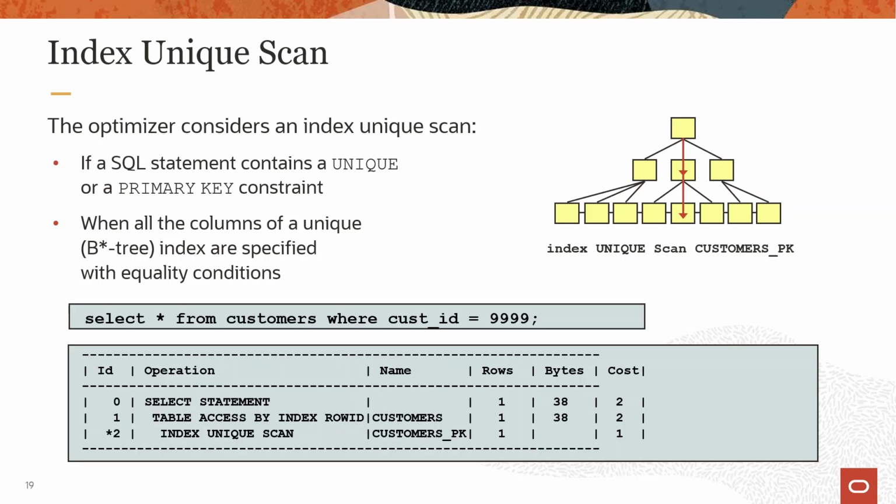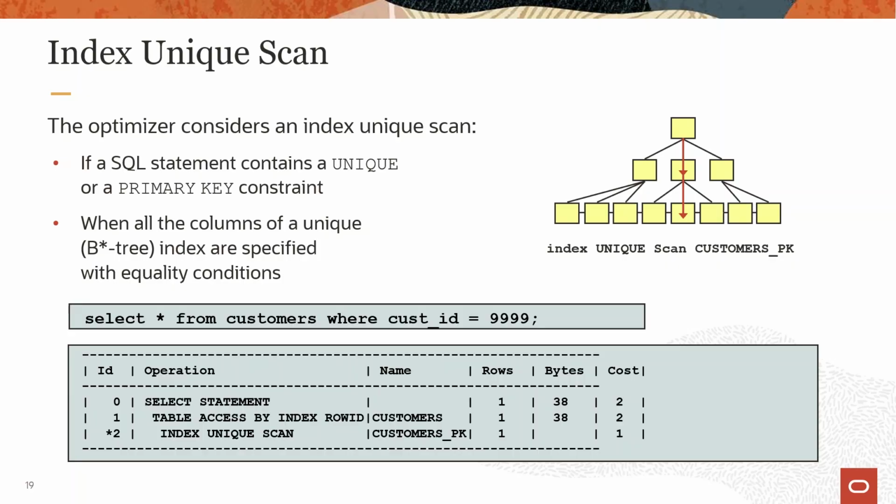So if the customer ID is a primary key column, the optimizer will see this and state, yeah, there can only be maximum one time 9,999 inside that column. But that also means that there can only be one time 9,999 as a value in the index.